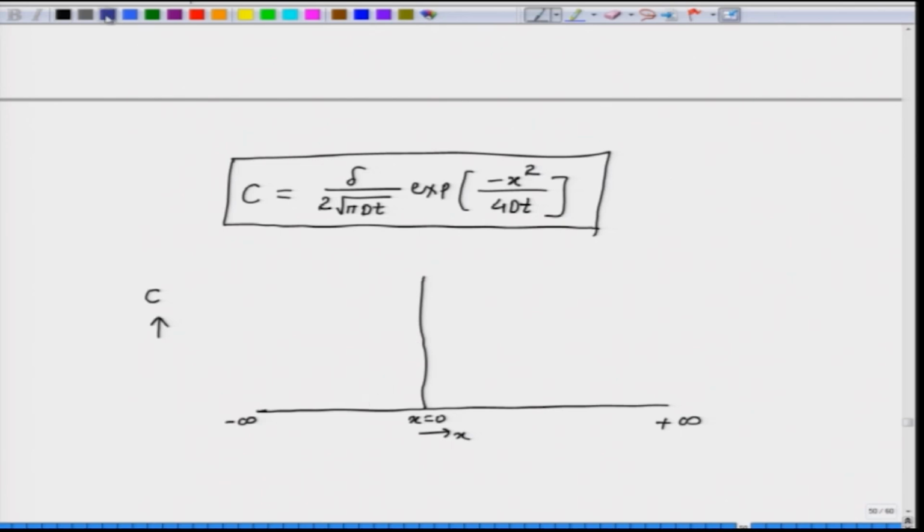So, we will get something like this. This is T1, this is T2. So, this is a typical Gaussian type of solution. T1 less than T2 less than T3.